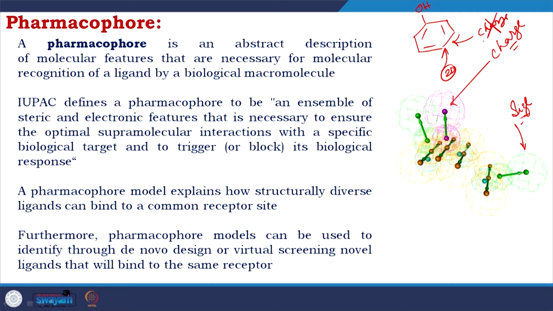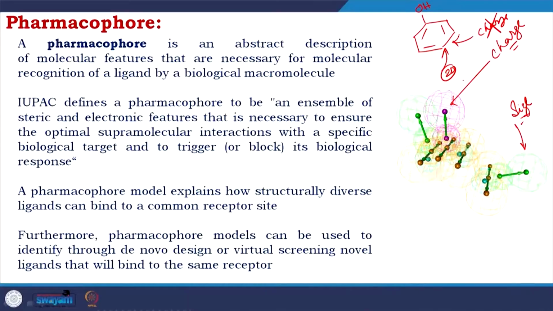So, it is difficult for you to fit it in the active site, the binding site of the biological target, but now you represent it in terms of its three-dimensional size and charge. So, you could know its conformation and it is much easier to predict its binding capability in a binding site.